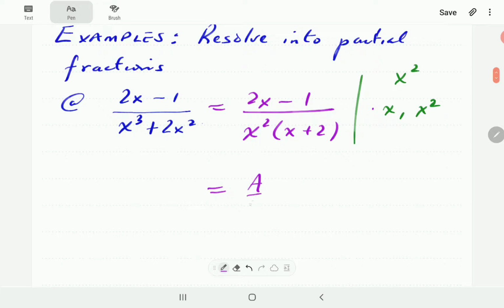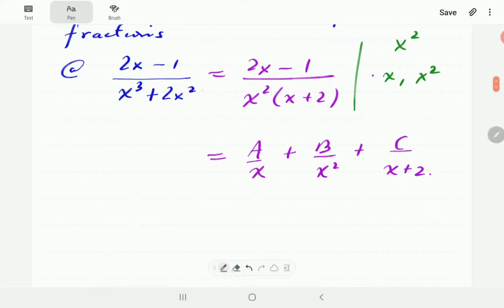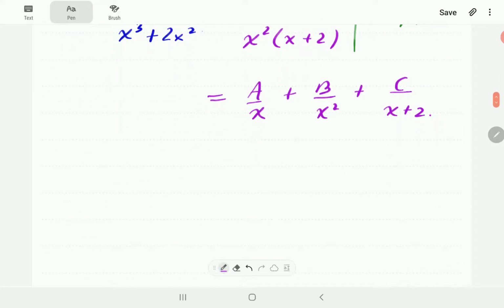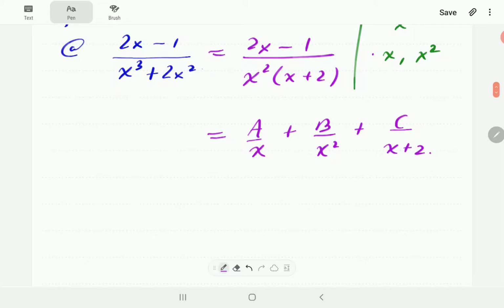So in this case, we're going to have A over x plus B over the next factor, x squared, and then C over x plus 2. Then if we multiply everything by this denominator, this is what is going to happen.